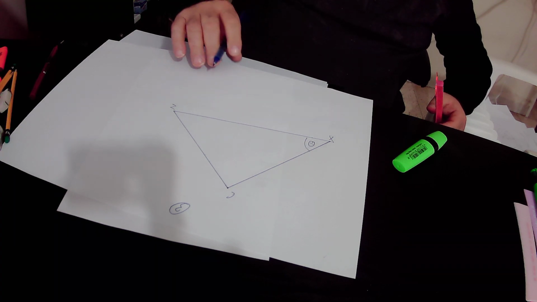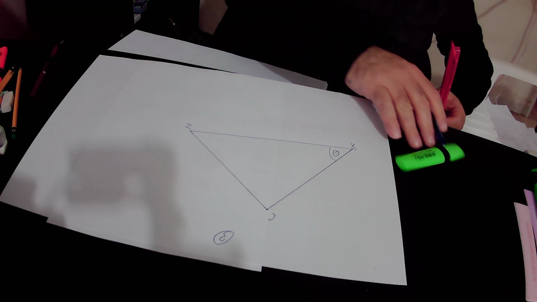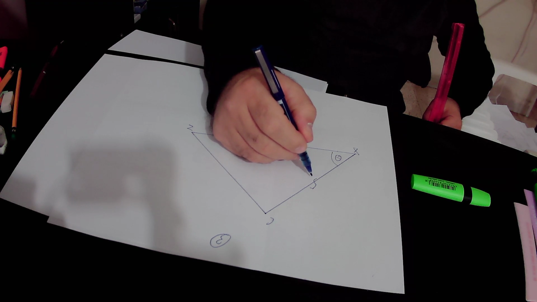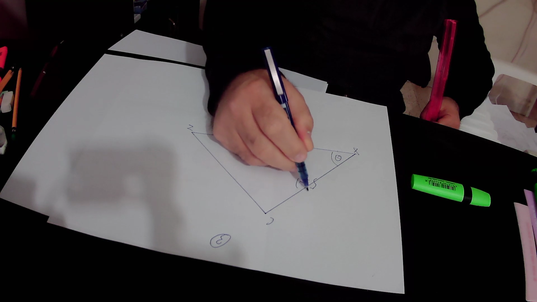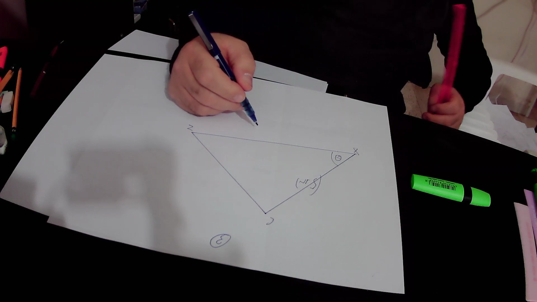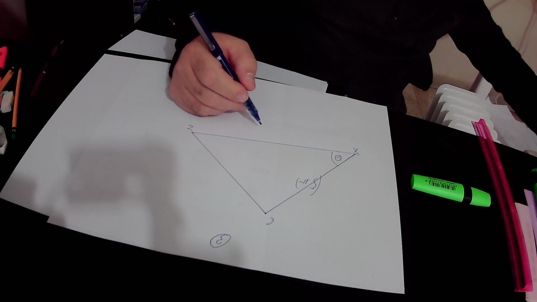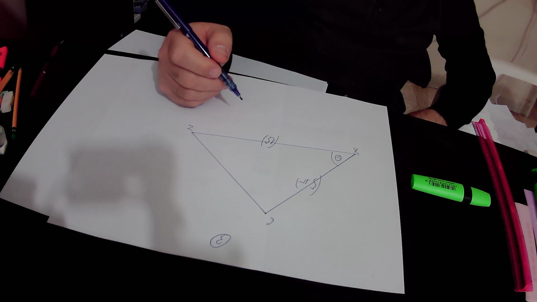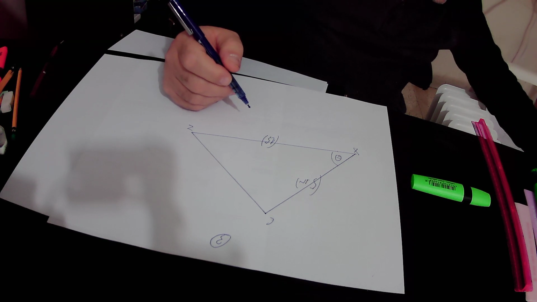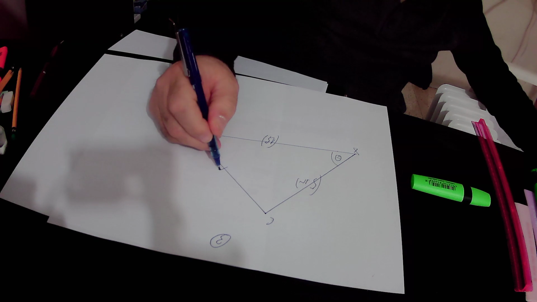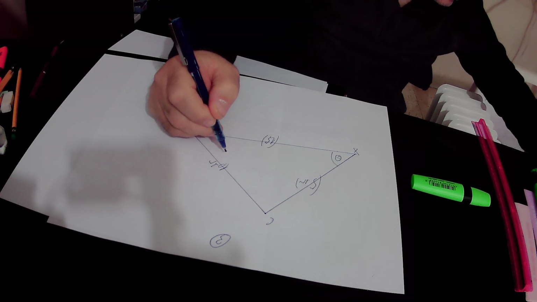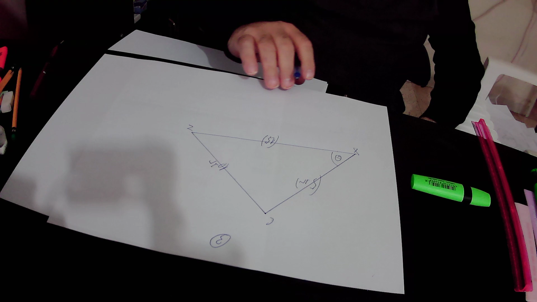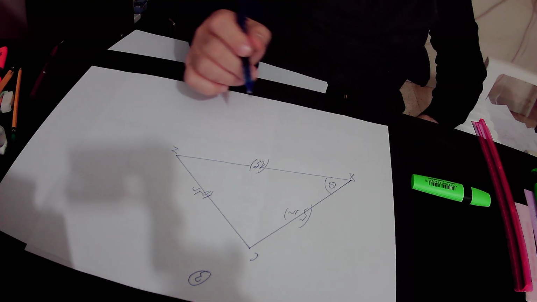So this is triangle CXZ. We have already found out that CX equals 5 plus R, XZ is equal to 15 units, and CZ is equal to 10 plus R. So we will implement the law of cosines on this triangle, triangle CXZ.